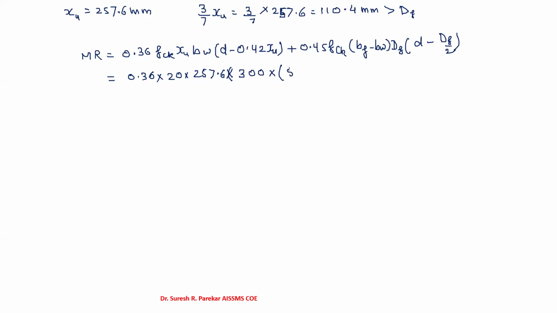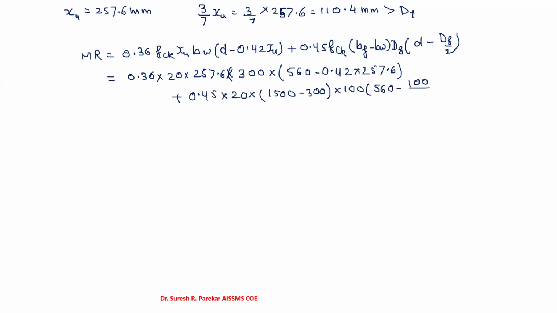Into D is 560 minus 0.42 into 257.6 plus 0.45, FCK we have 20, multiply by BF 1500 minus BW 300 into DF we have 100 into D 560 minus DF by 2, 100 by 2.